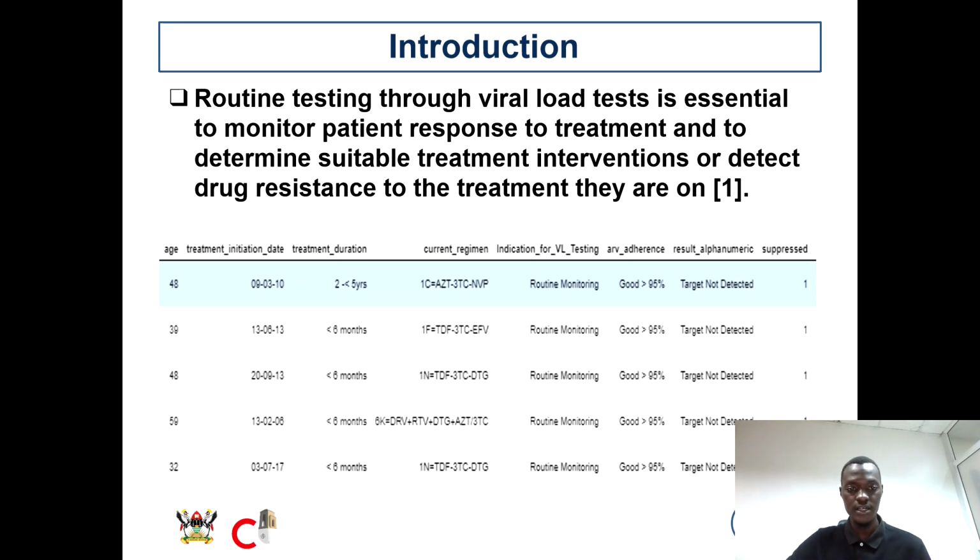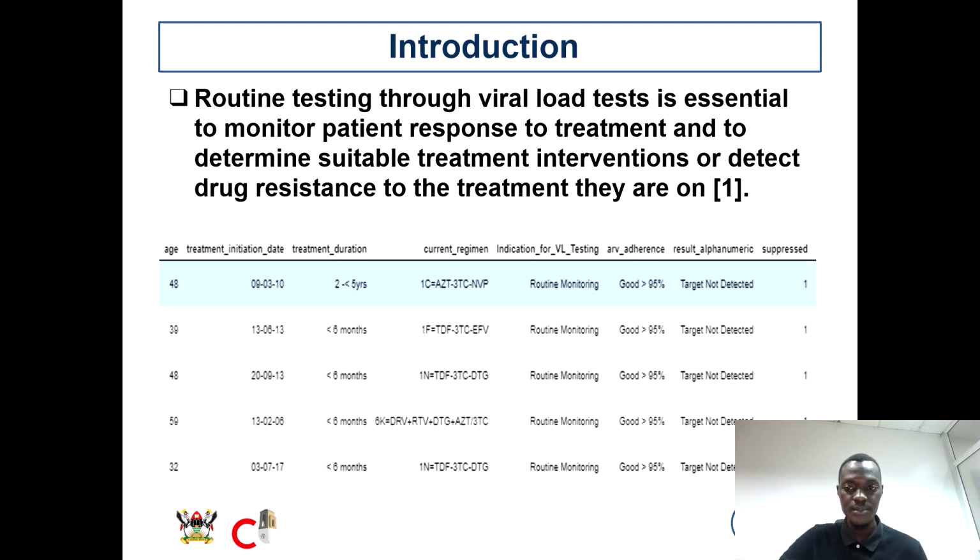So these are some of the variables that we have in the data set that we are using. It's a data set from Uganda, and we have good variables or features that we looked at, such as ARV adherence, whereby you can see which patients are adhering to the drugs and which are not.